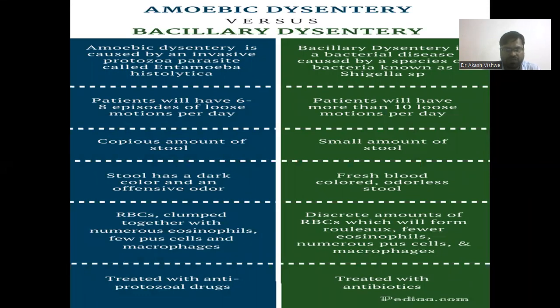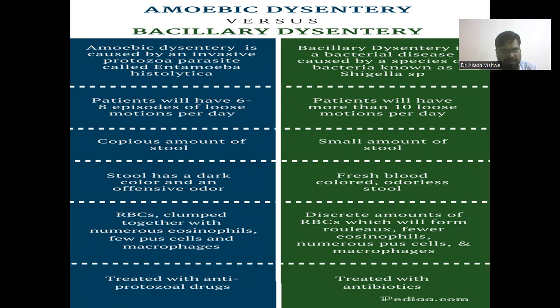So what is the basic difference between amoebic dysentery versus bacillary dysentery? Amoebic dysentery is caused by an invasive protozoan parasite called Entamoeba histolytica, while bacillary dysentery is a bacterial disease caused by a species of bacteria known as Shigella.